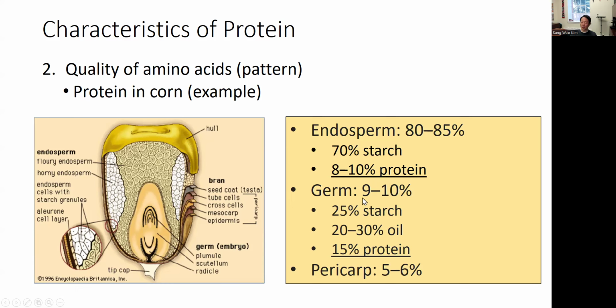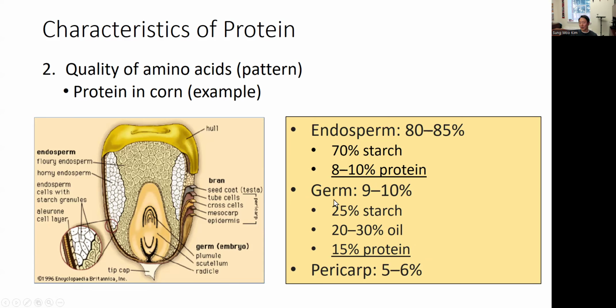But if you look at the germ, which is only 10% of the kernel of corn, a quarter is starch, very low in starch, but relatively high in protein, very high in oil. So germ is a good source of oil. When you extract oil from corn to obtain corn oil, the germ will be used because up to 30% of germ is oil.